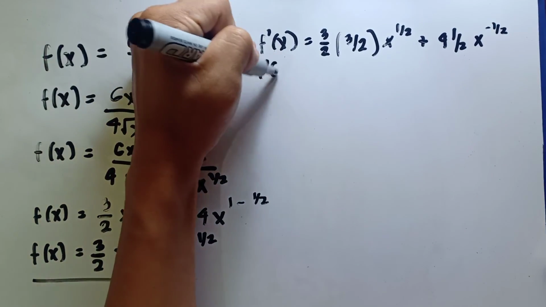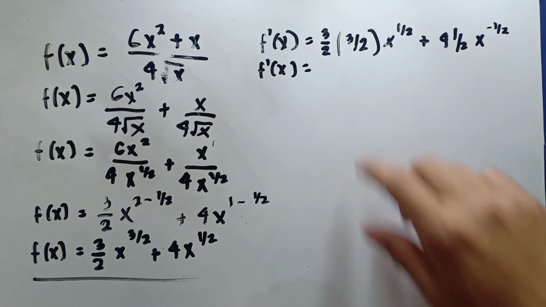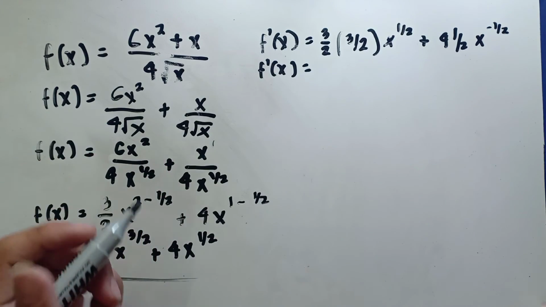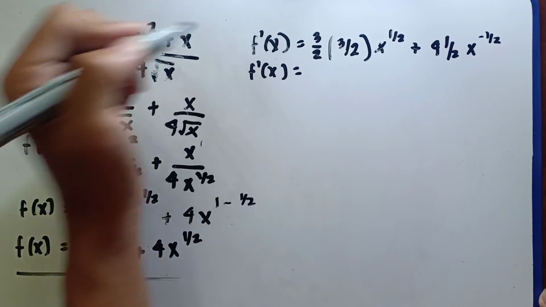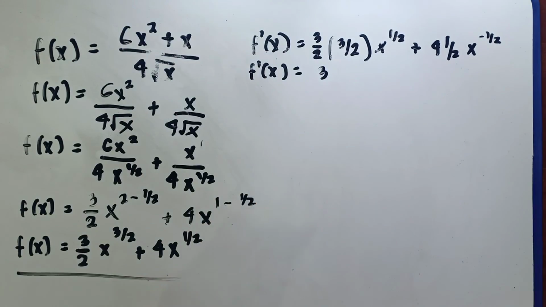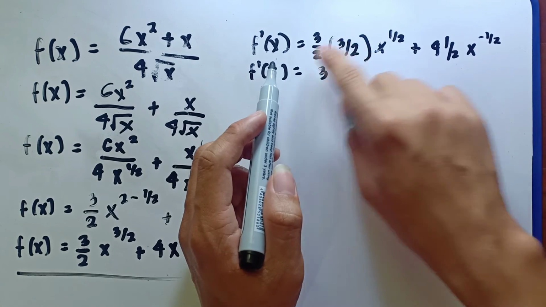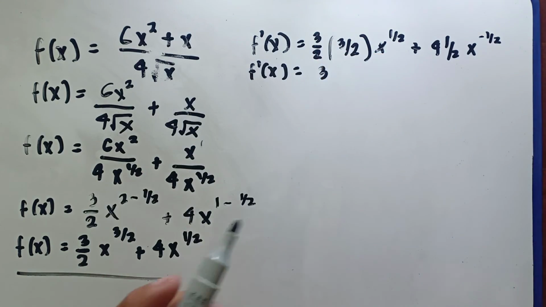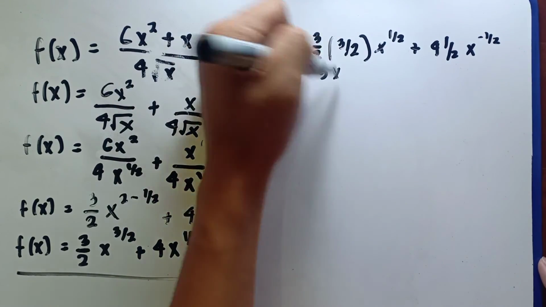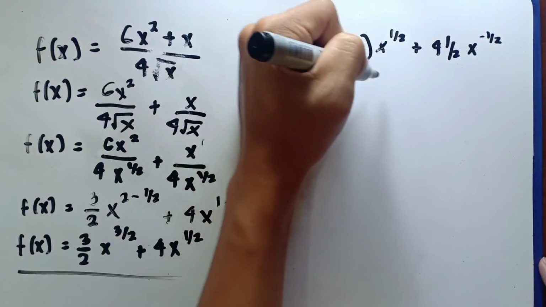f prime of x is equal to twice of 3 over 2, which is 3. Or we can simply multiply these two identical fractions, so you arrive at the answer of 3x raised to 1/2 plus 4.